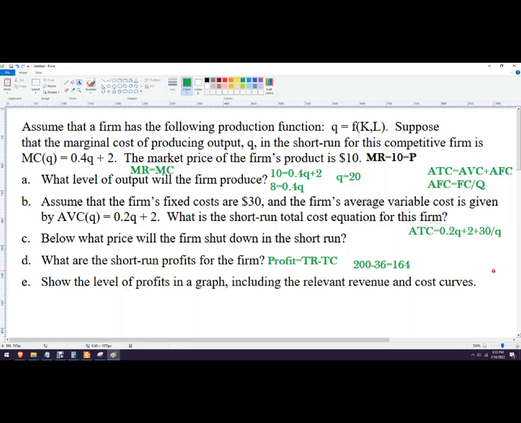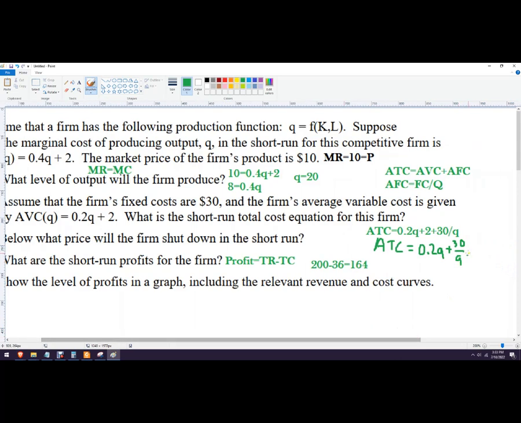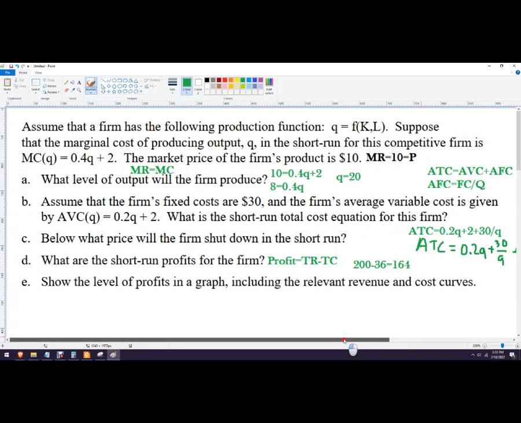Typically, it's written a little bit more like this. You might see average total cost written out like this: 0.2 Q plus 30 divided by Q plus 2. It's just flipping this around. This is more conventional. So that's how to get that.